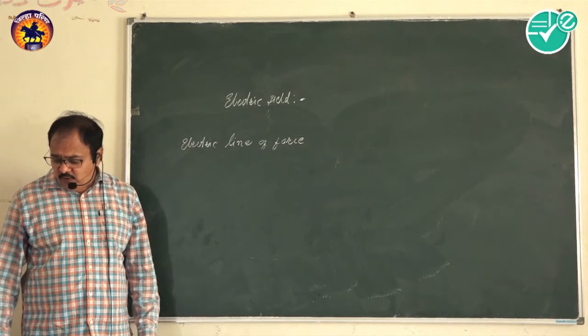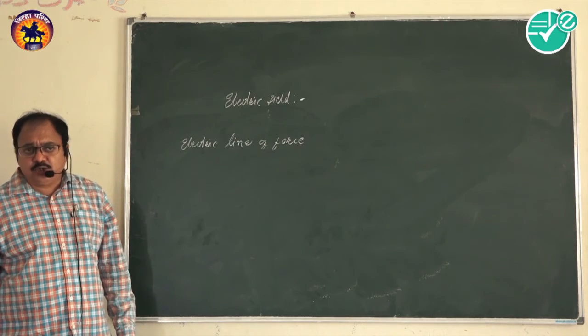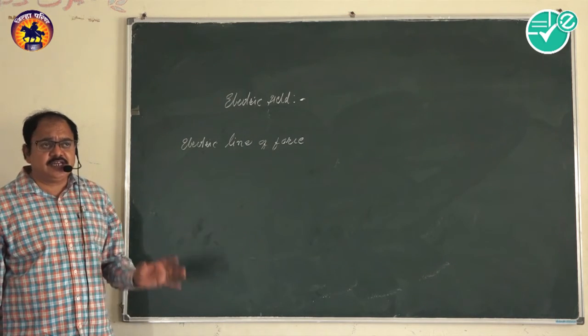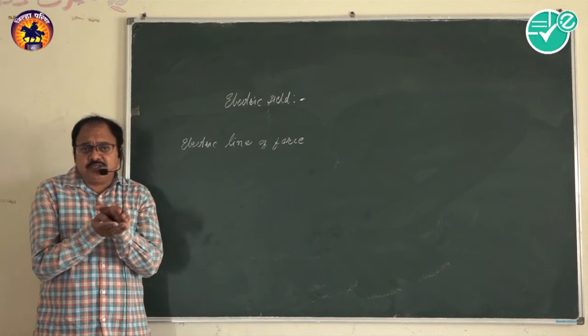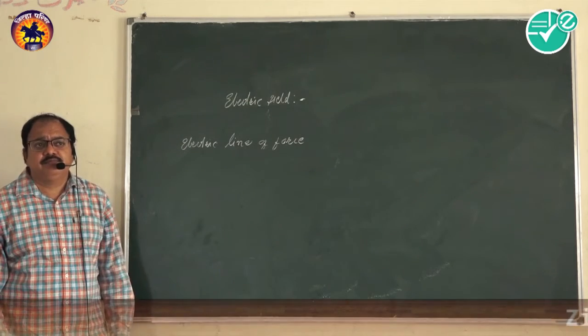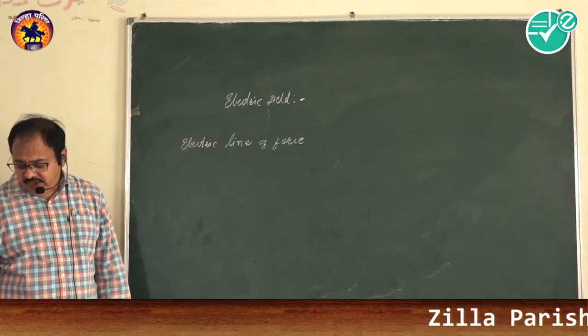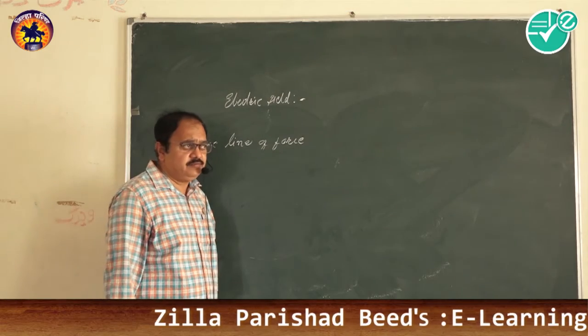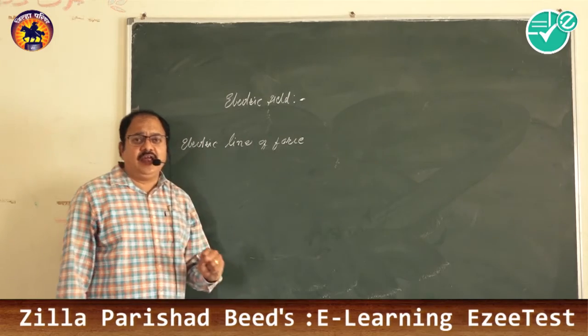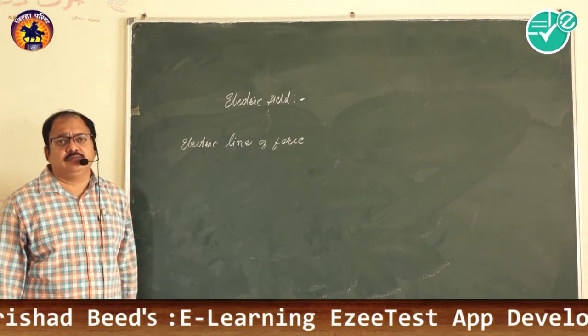The lines of force are under tension and tend to contract. This property explains why two unlike charges attract each other.